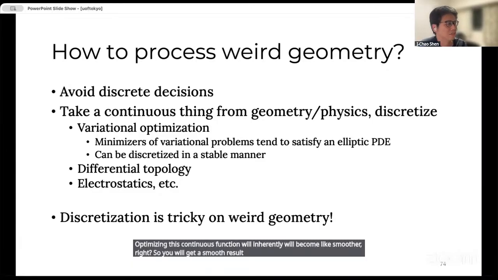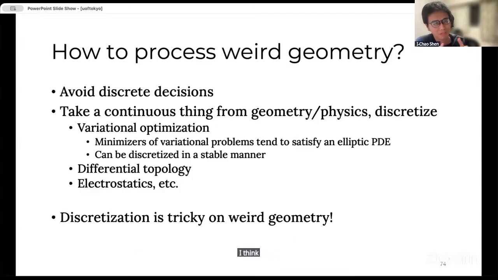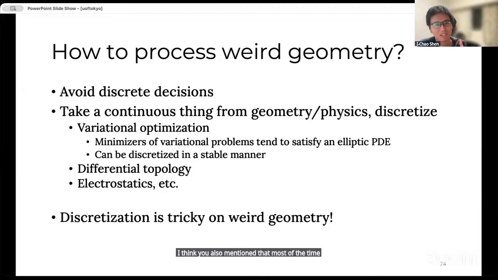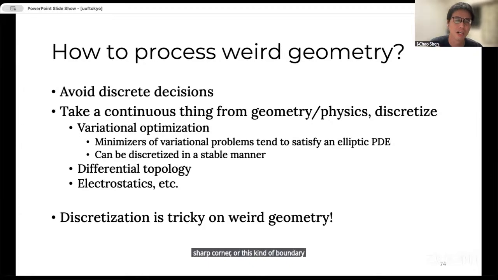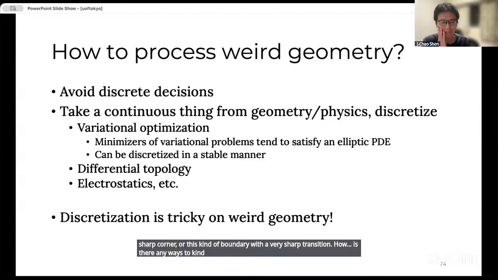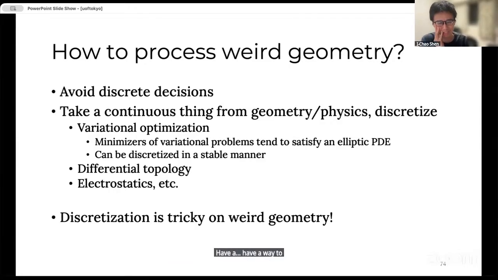And in the first work, when you were talking about surface reconstruction, you also mentioned that most of the time the results are smooth. So I'm wondering, if we want to get a sharp corner or a boundary with a very sharp transition, is there any way to plug that in, or any other approach to do this?